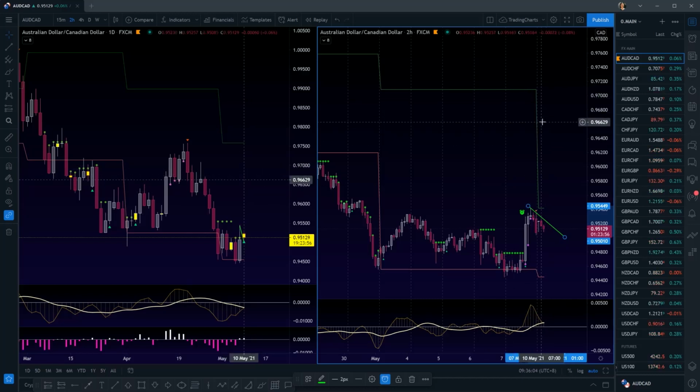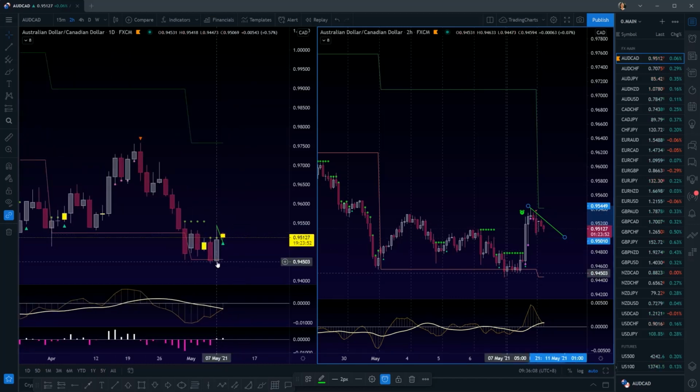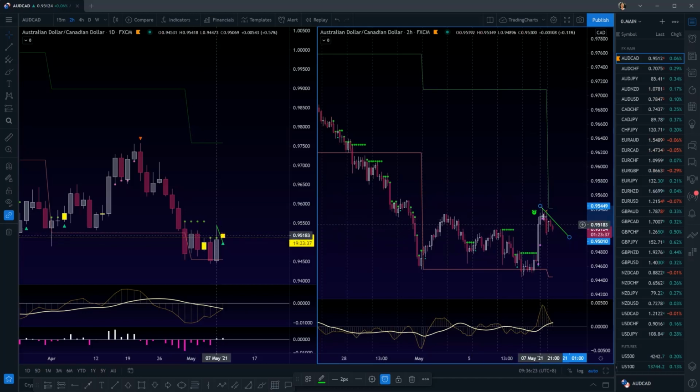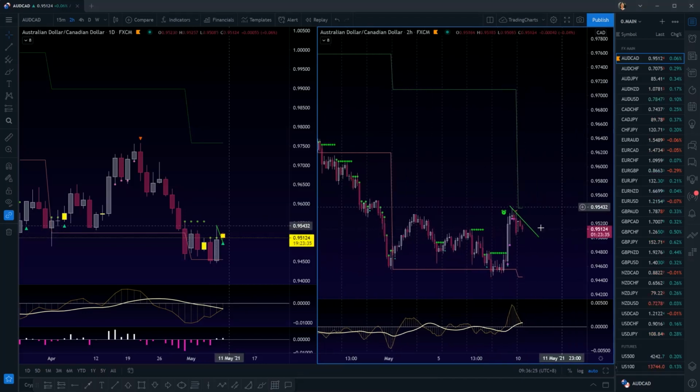Okay, so Aussie CAD, bouncing off the monthly lows. This has made an impulse move up. So I'm looking at what is known as an NT or pullback buy back up here.